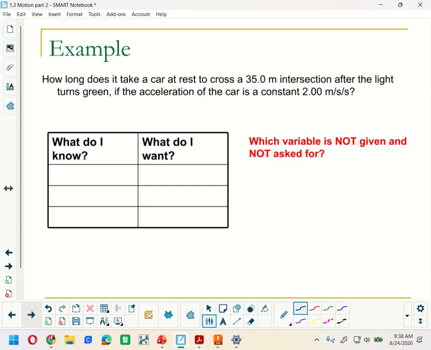Somebody start with what we know. What do we know here? A, right? 2 meters per second squared. Anything else?